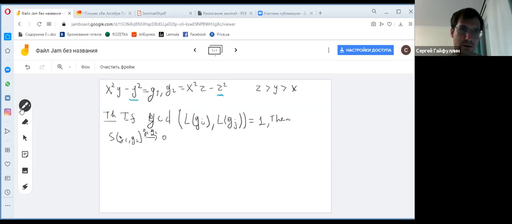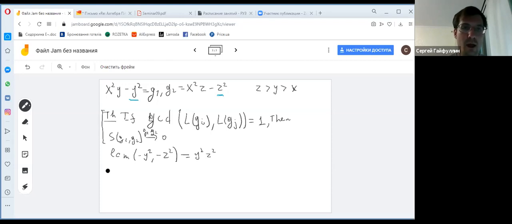But let us just do it by hand, not by this theorem. We have the lowest common multiple of minus y squared and minus z squared, with coefficient 1, y squared z squared.